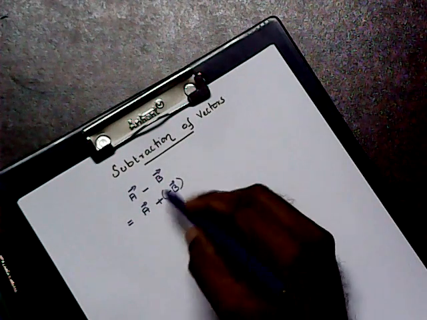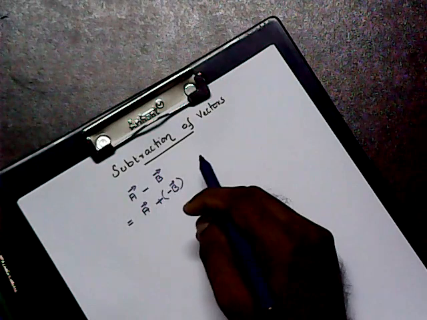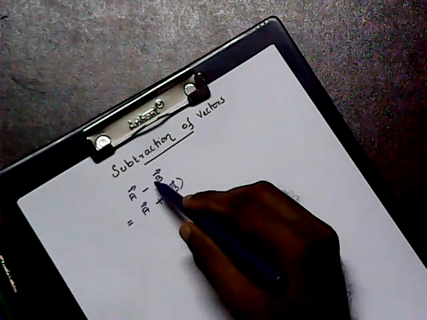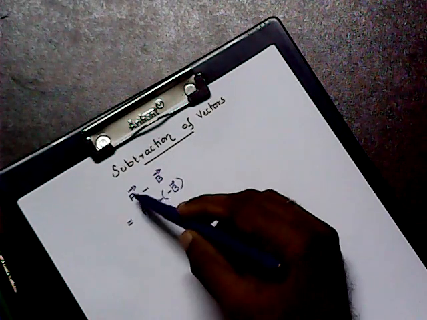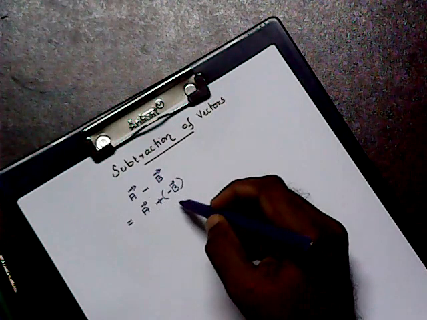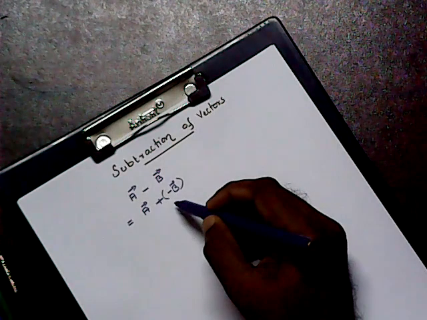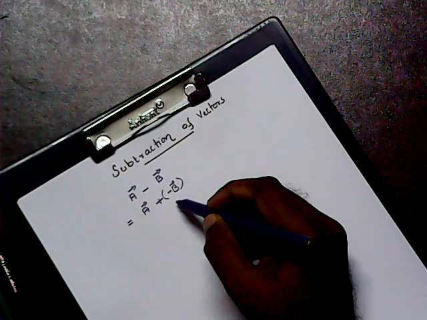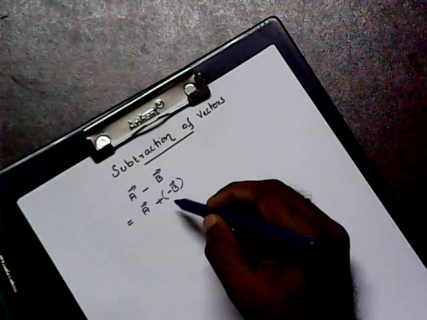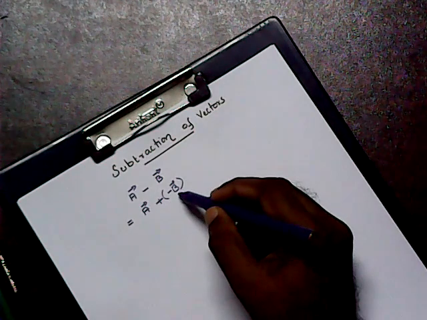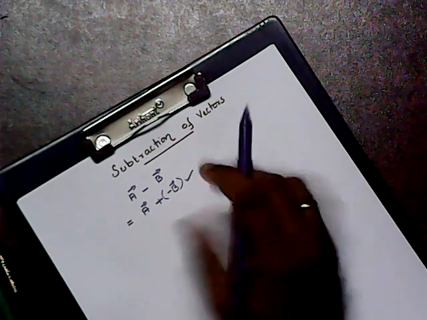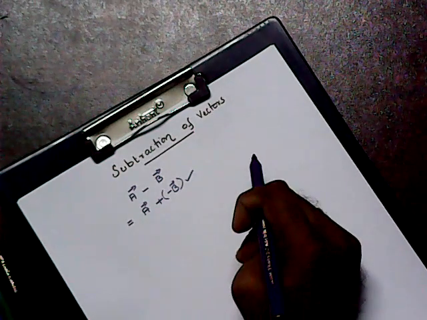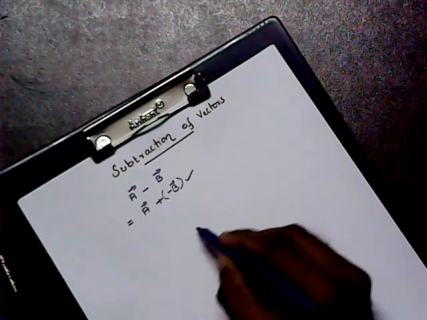We are so comfortable with the addition process. So in order to subtract the vector b from a, it is better to add vector a with the reverse of b. We get the same effect. So we can find what the concept is there.